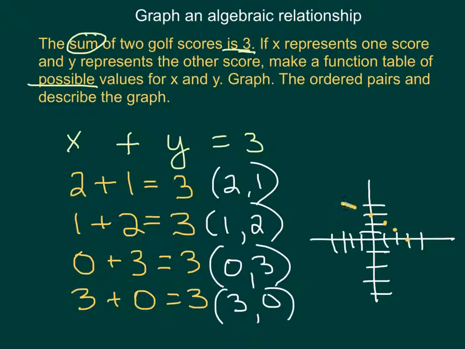So we have our line, and we draw it in here. If we had to describe the relationship of this line, we would say that it has a negative relationship.